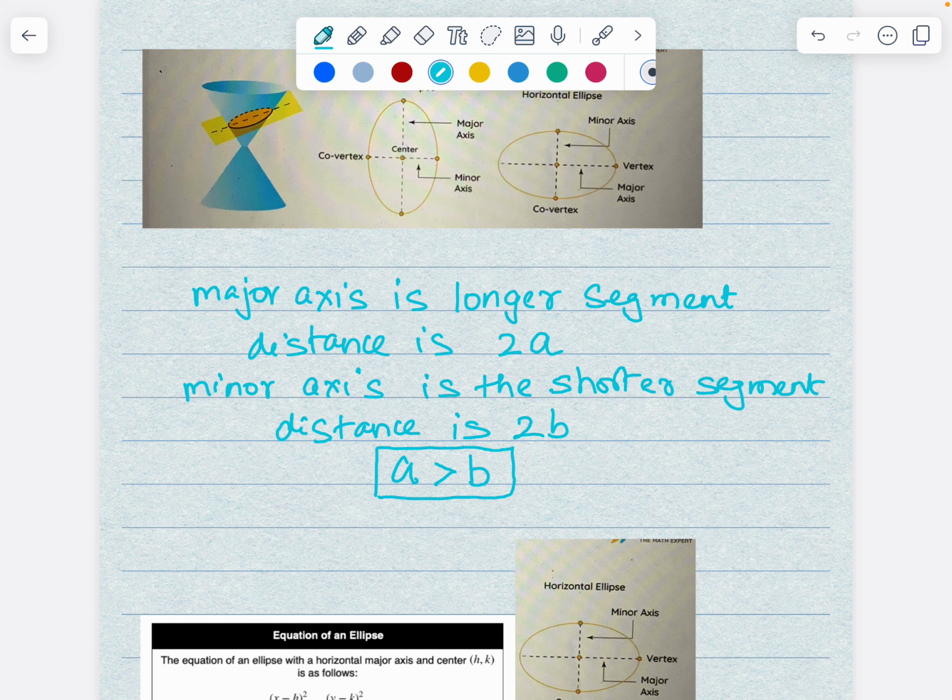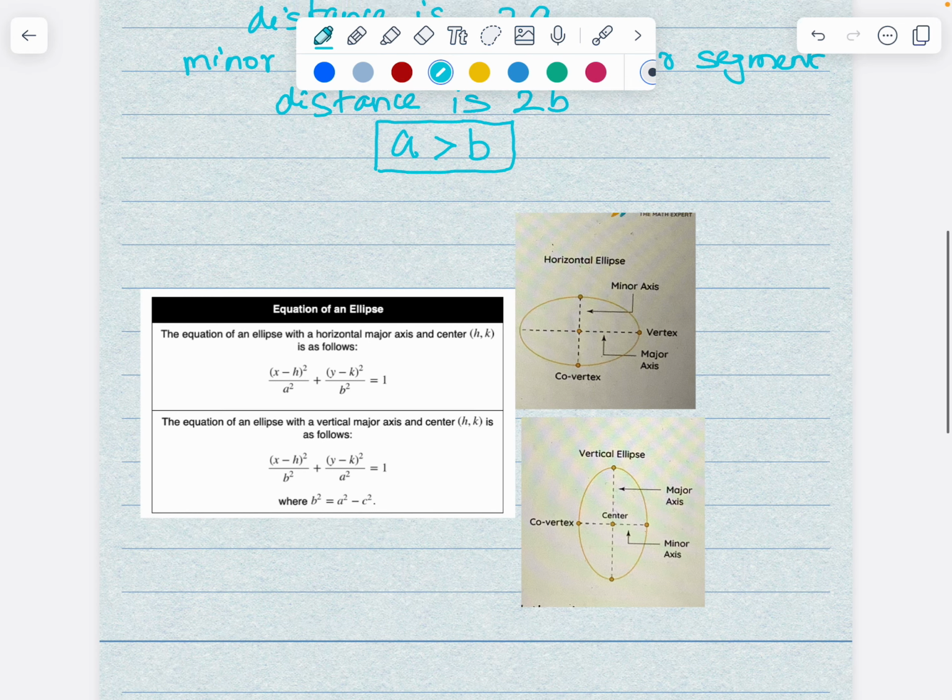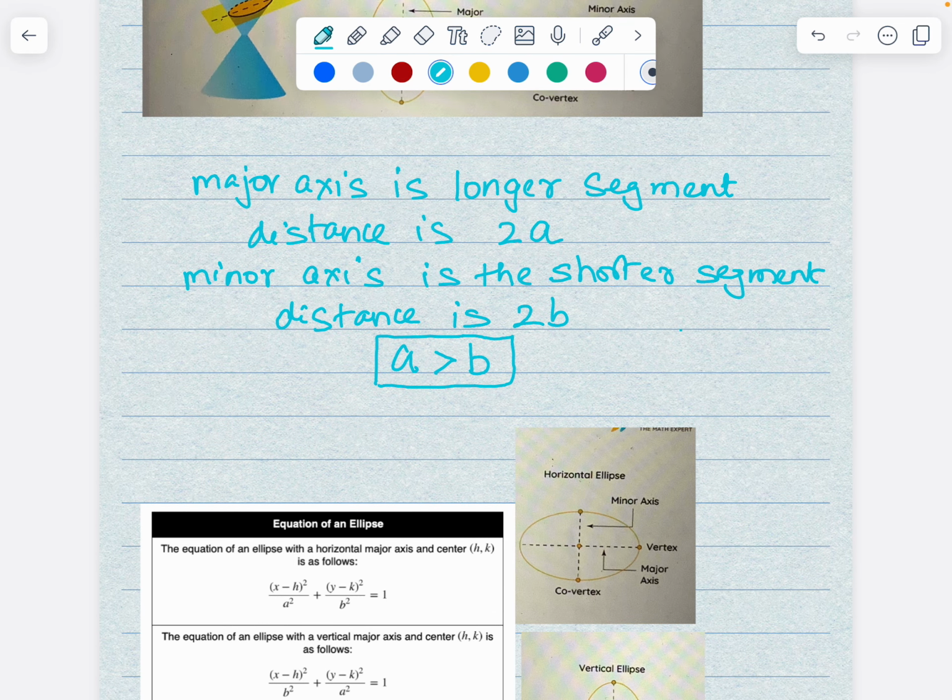And the distance between the foci is 2c.